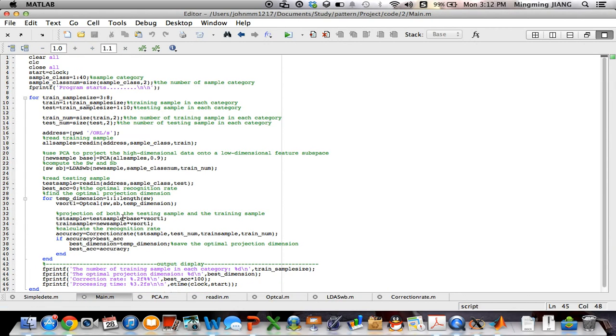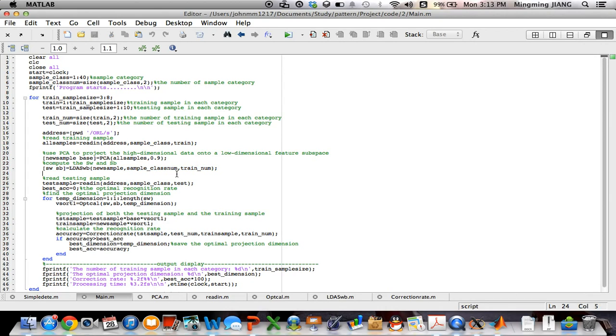This is the second part of my project. This part determines some parameters, like the number of samples and so on. This determines the number of training samples, and this imports the images from the database. Then I use PCA to lower the dimensions, and use LDA to calculate SB and SW.